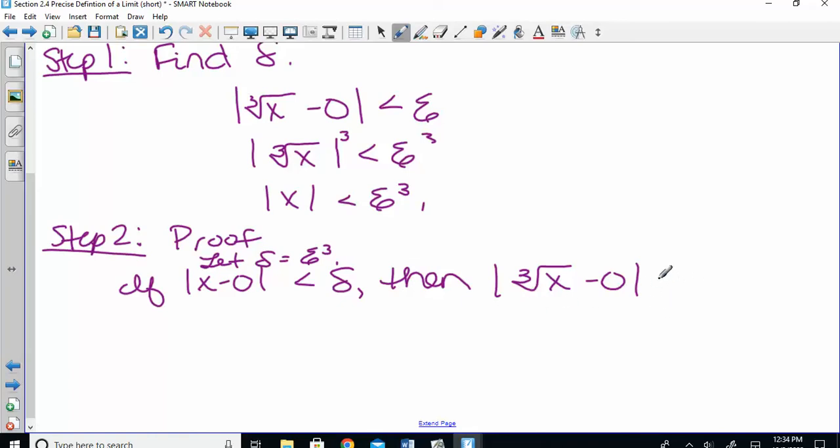Okay, so if we work this out, that is the same thing as the absolute value of the cube root of x. Does it matter if you do the absolute value or the cube root first? What does an absolute value do? Makes it positive. Does it matter if you have the positive before or after the cube root? No. So I'm going to move the cube root on the outside.